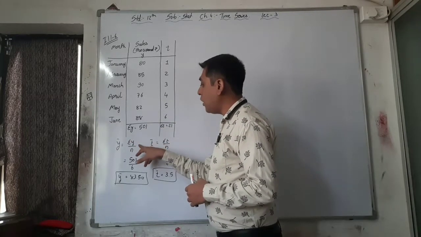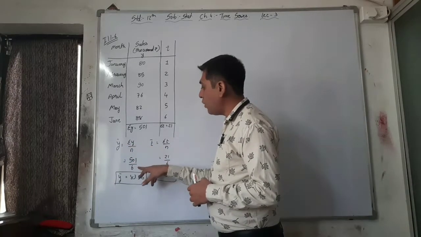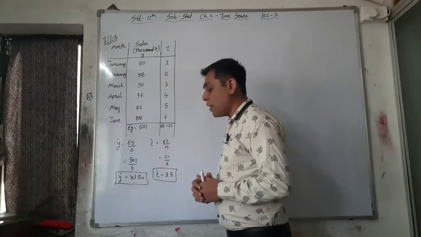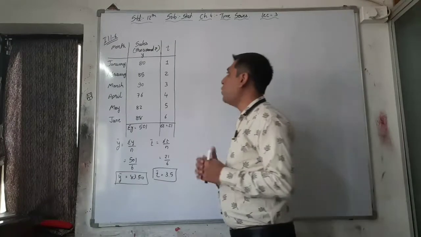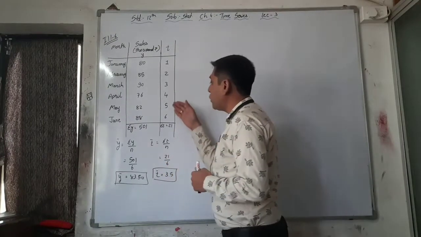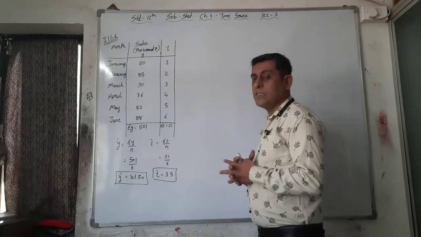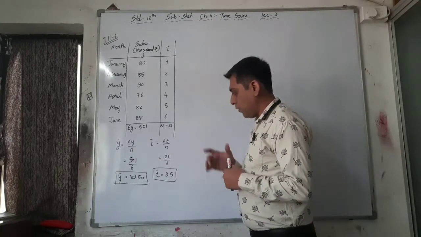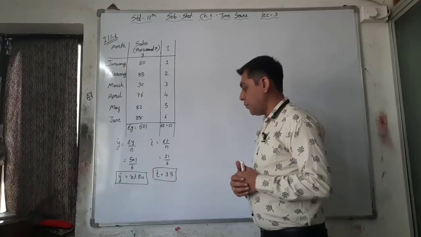From that we find Y bar, which is sigma Y upon N, 501 divided by 6 months, so Y bar is equal to 83.50. Now T is equal to 1, 2, 3, 4, 5, 6. The total, sigma T, is equal to 21. T bar is sigma T upon N, 21 divided by 6, that is 3.5.